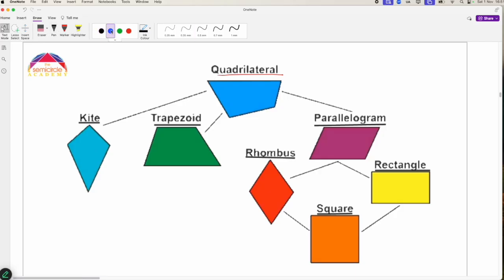But in a kite, this side is equal to this side, and this side is equal to this side. In a kite, this angle is usually equal to this angle.